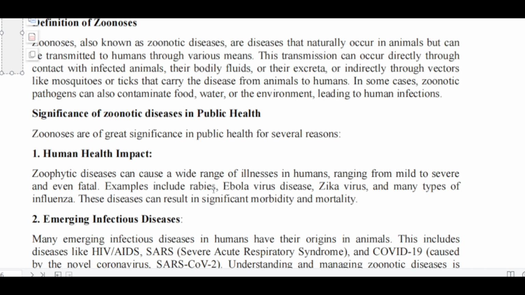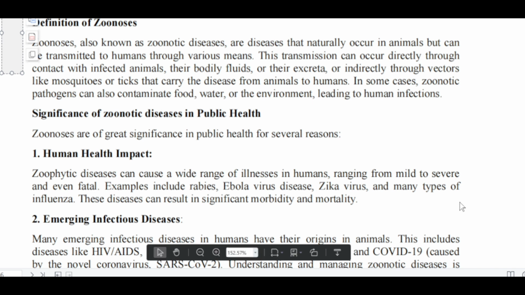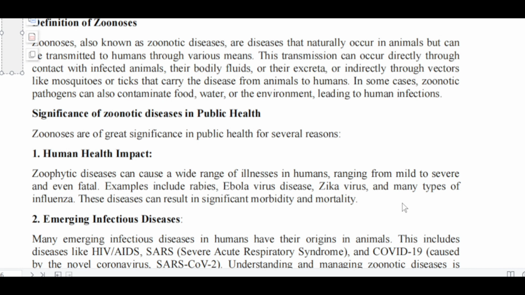Examples include rabies, Ebola, Zika, and many other diseases, just to mention a few. If I ask you to mention some, you can mention a lot of them. You have leishmaniasis, trypanosomiasis, filariasis. They are all zoonotic diseases.